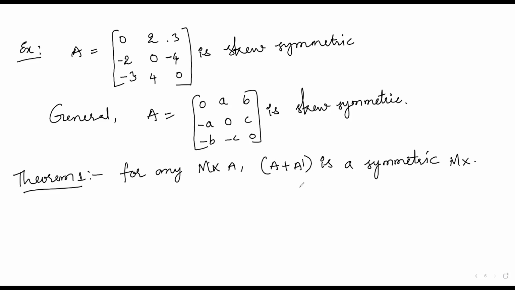You take any matrix A, you do A plus A transpose, it's a symmetric matrix. Another way of finding symmetric matrix is this. You take any matrix, then you do A plus A transpose. Then that is symmetric matrix.